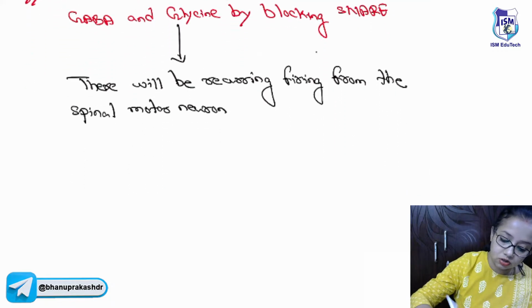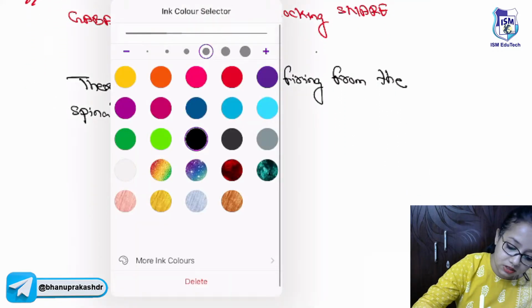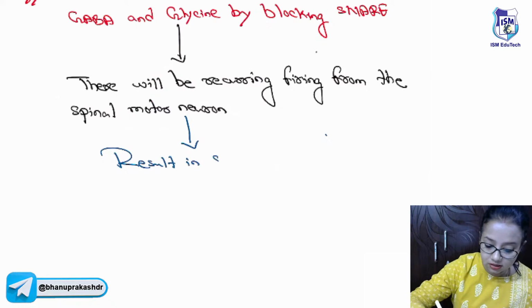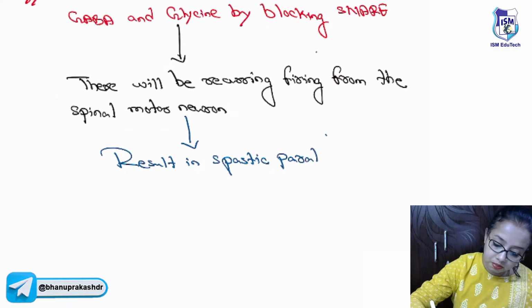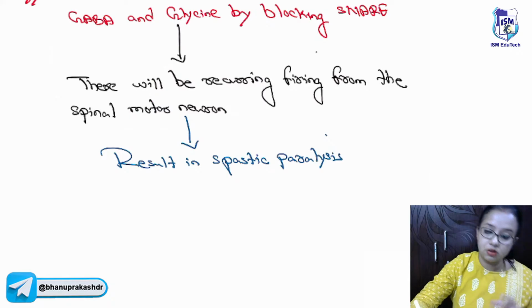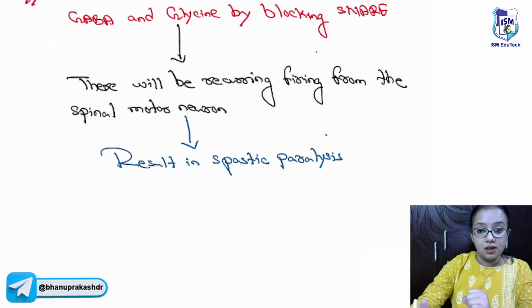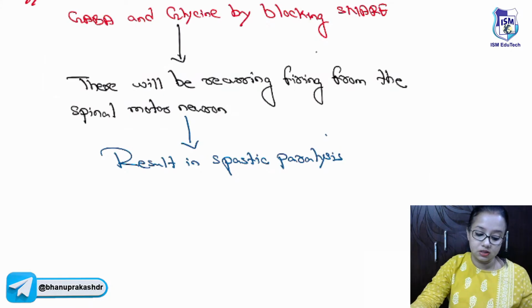Now, if there is constant firing from the spinal motor neuron, what will happen? It will result in spastic paralysis. Means there will be spasms of the skeletal muscles and there will be paralysis. Okay, this is how it works.